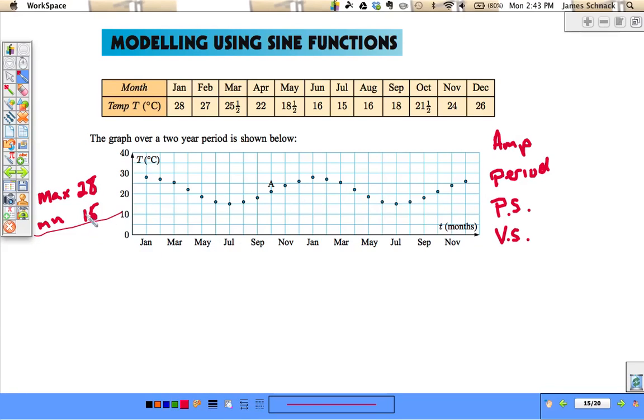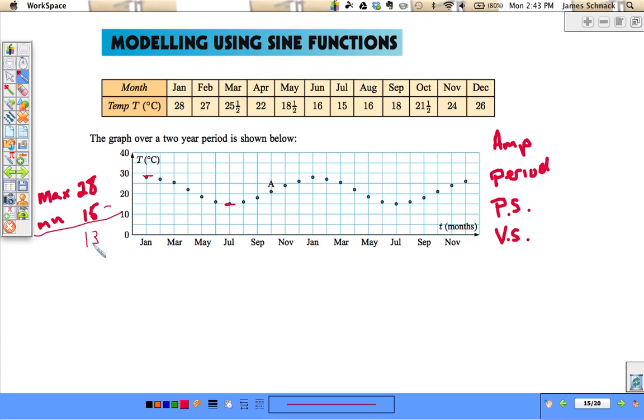If we subtract that, that's our range. That's the distance between the highest and the lowest. This is the high point. This is the low point. So subtracting those, we get 13.